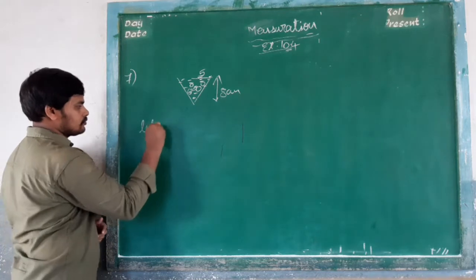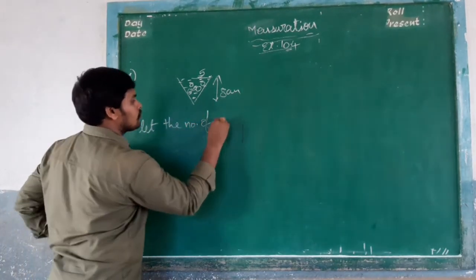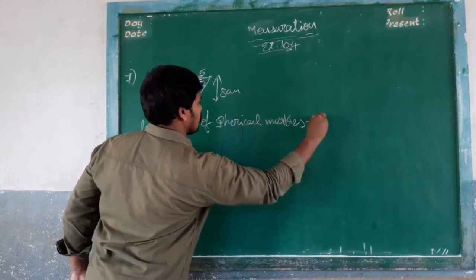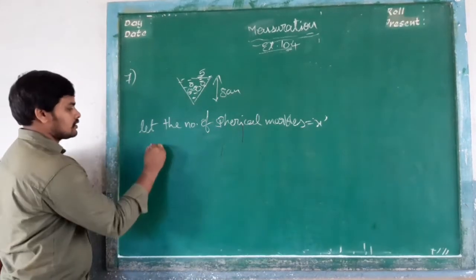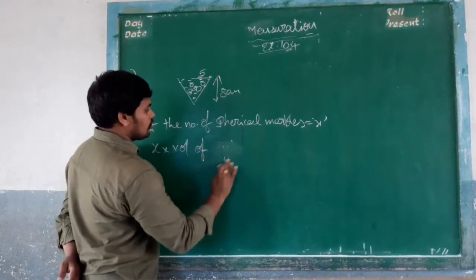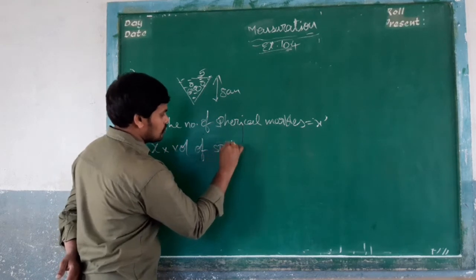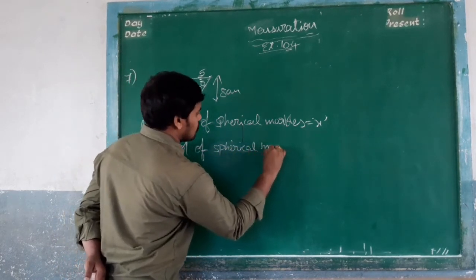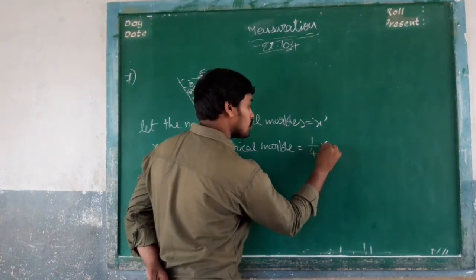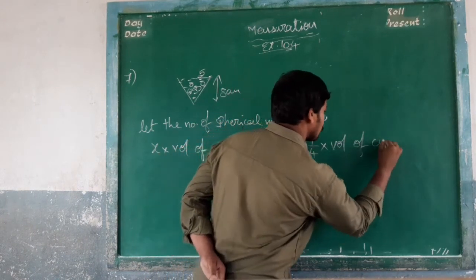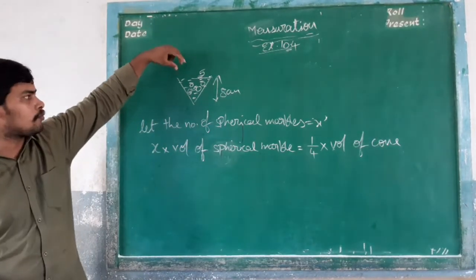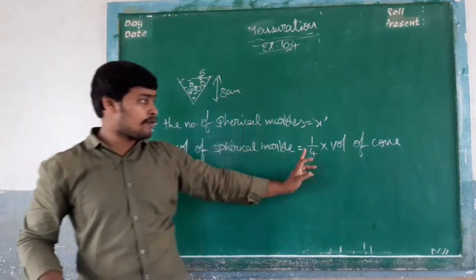So let the number of spherical marbles be x. x times the volume of a spherical marble equals 1/4 times the volume of the cone, because 1/4 of the water flows out.